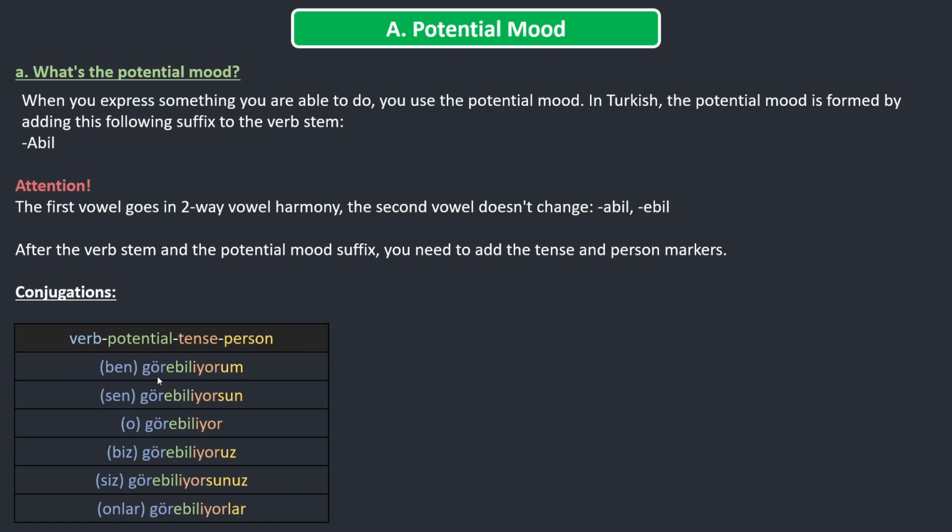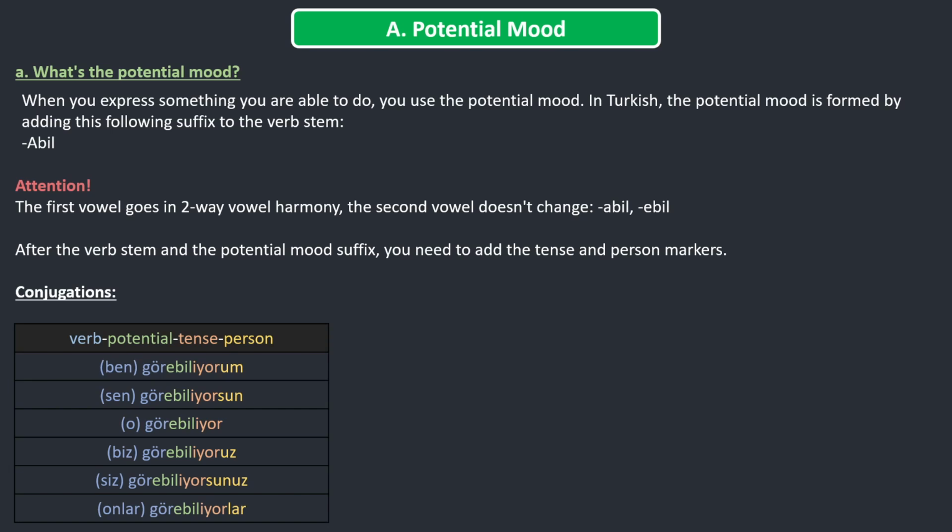So, ben görebiliyorum. Ben görebiliyorum. I can see it. I can see something. Sen görebiliyorsun. You can see it. O görebiliyor. He, she, it can see it. Biz görebiliyoruz.